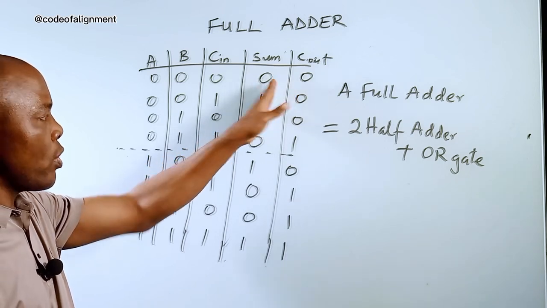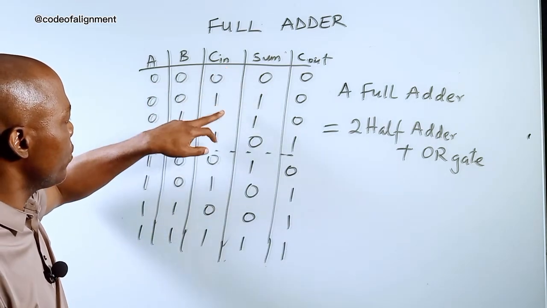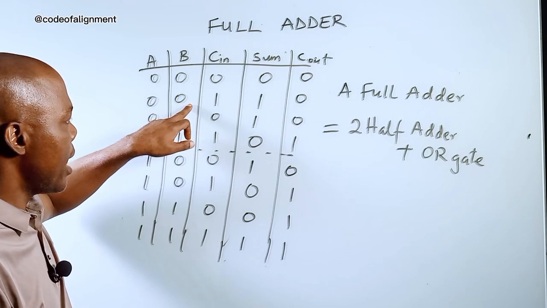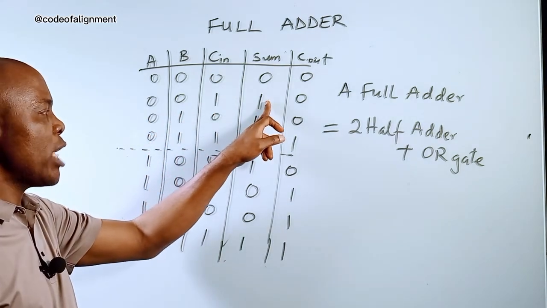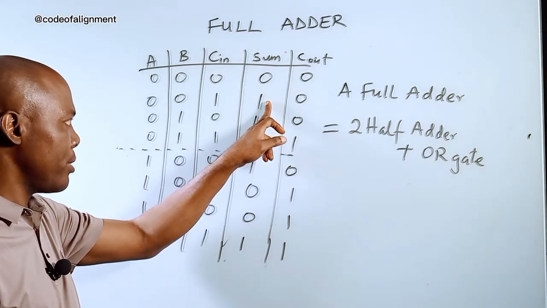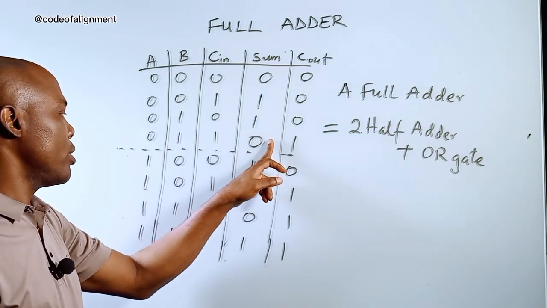We are looking at even and odd. If inside these 3 inputs, we are having odd as the input, that is just one switch is on, it means that the output, the sum, will be what? 1. If we have 2 inputs on, it means the sum will be 0.